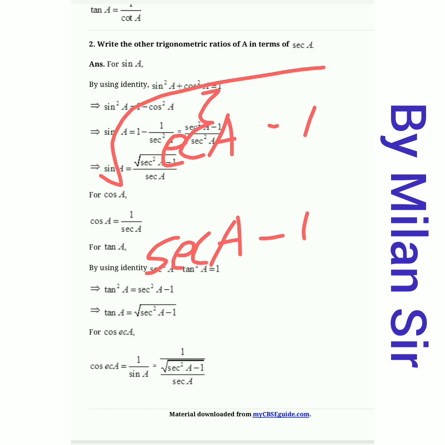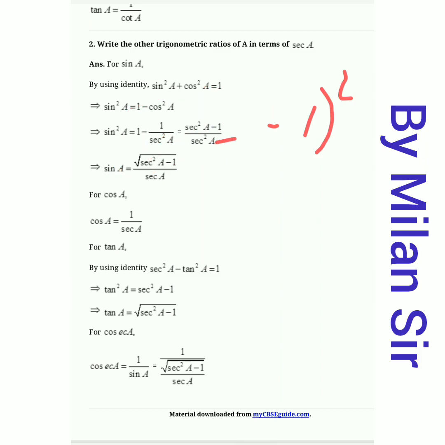If a square was there over all of it, at that time we could cancel this square root with this exponent. But right now the square is not there. So we cannot directly write our answer, meaning we cannot find the square root of sec square A minus 1 separately. Here we need the whole thing squared. Only in that condition can we find the square root, but here the square is not there. We cannot take a separate square root, right?